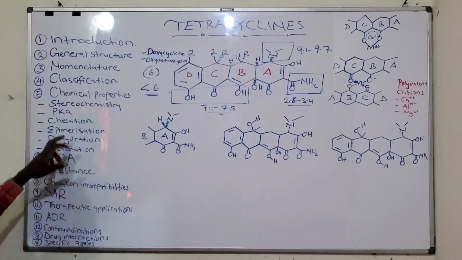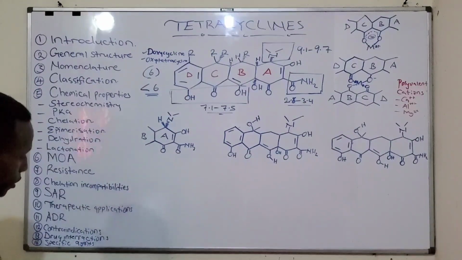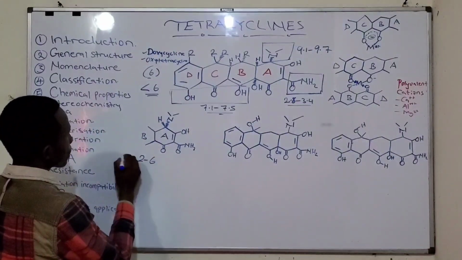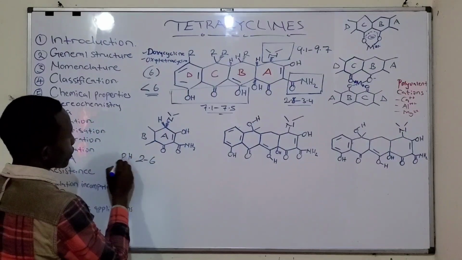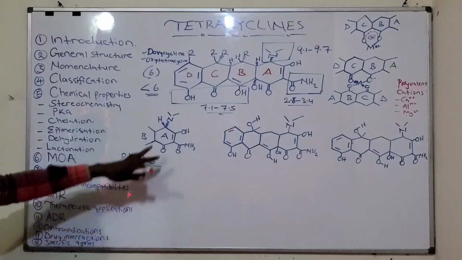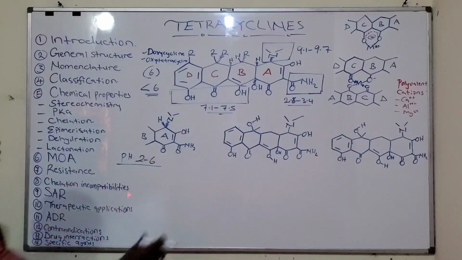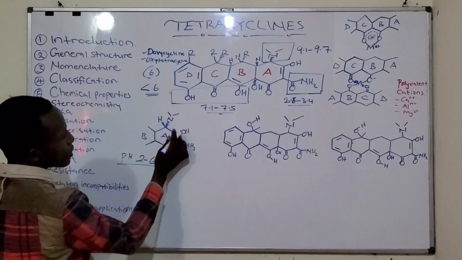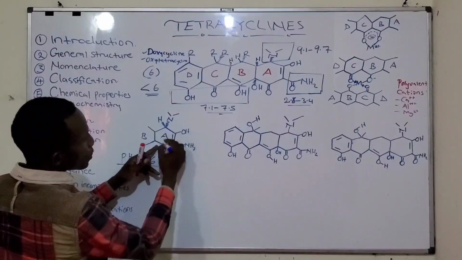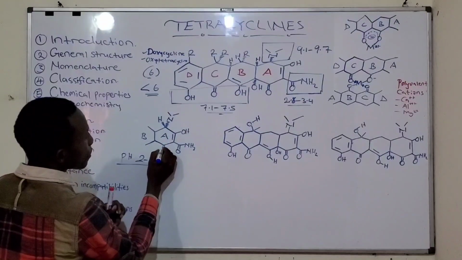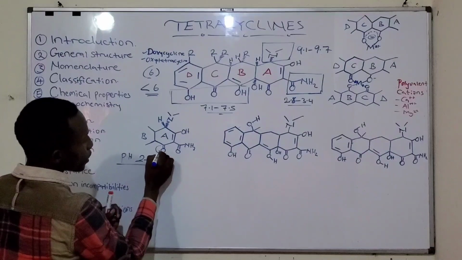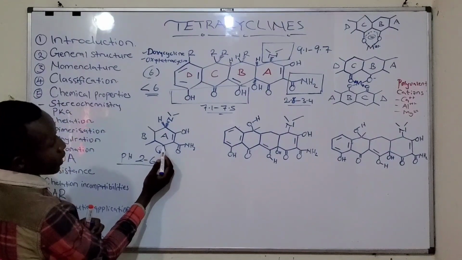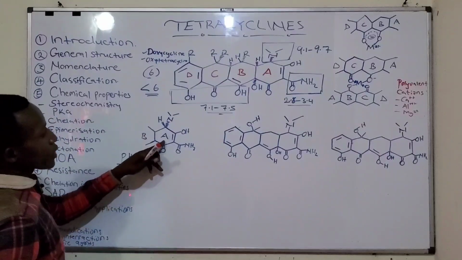We have finished chelation. Now for epimerization, these tetracyclines at a pH of around 2 to 6 tend to undergo epimerization. This is ring A. Here we have tautomerization. This bond will pull electrons, so when it pulls the electrons, this carbon will be unstable.